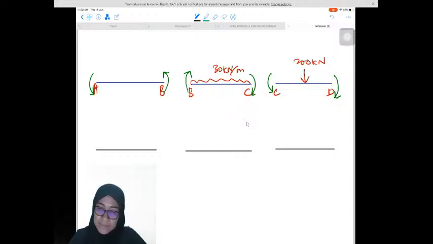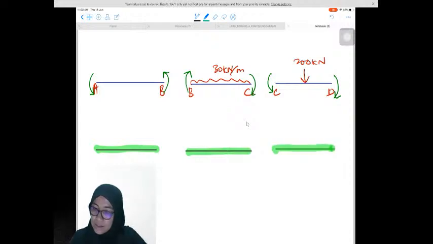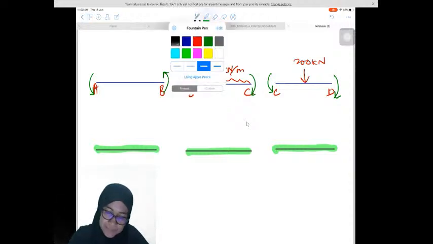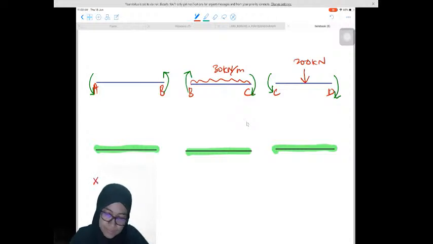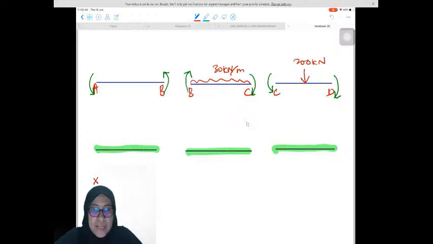This is the line, right? At A, the arrow shows the below line direction, so it is located somewhere here. We just put the point first.